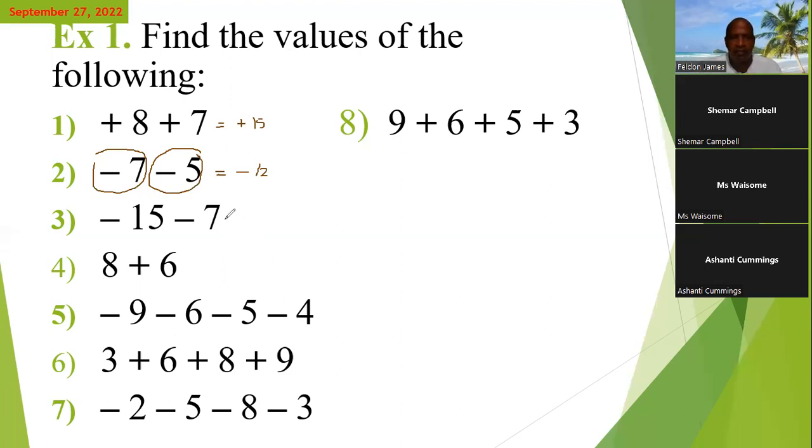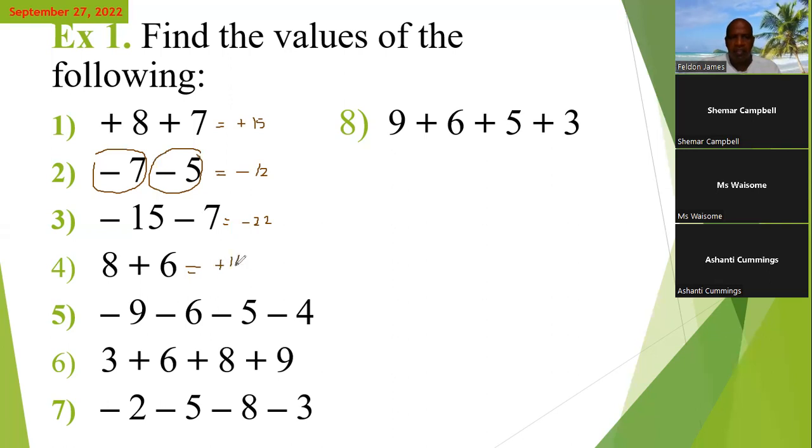What about this one? Yes, sir. -22. What about this one? Positive 14, sir. Positive 14.